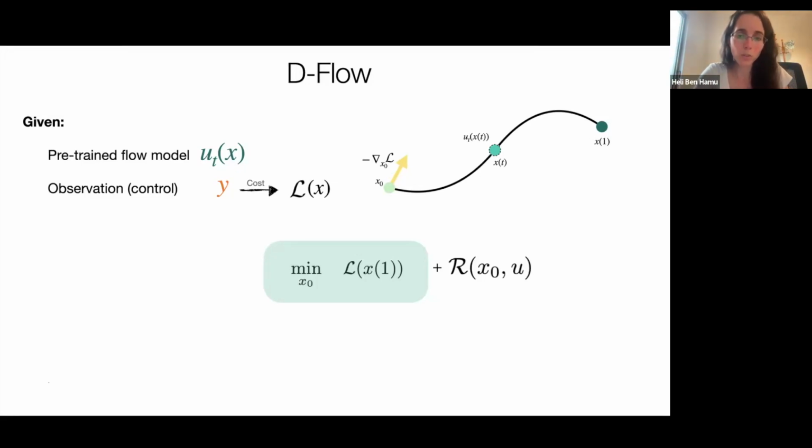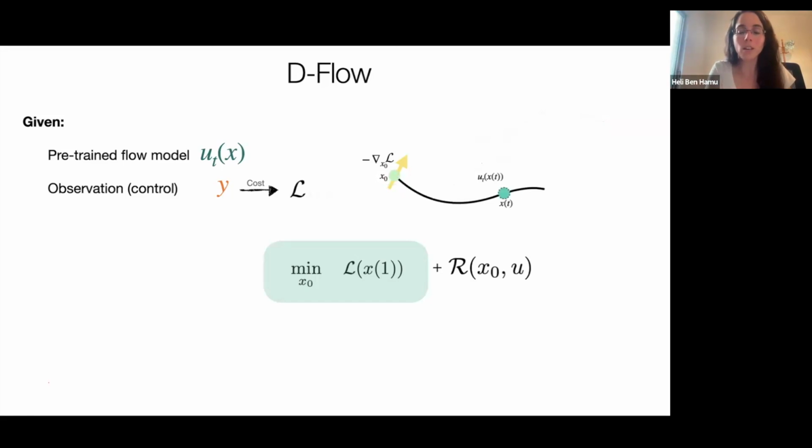So our optimization is with respect to x0, and x0 is going to take a step in that direction. And what's going to happen to x1 is that we're going to solve again our generation process of the flow model up to x1. So x1 does not flow according to the gradient of the cost with respect to x0, but it flows according to the solution of the flow model from the new x0 that was updated in the gradient direction of the cost.